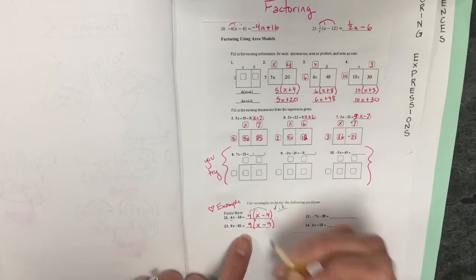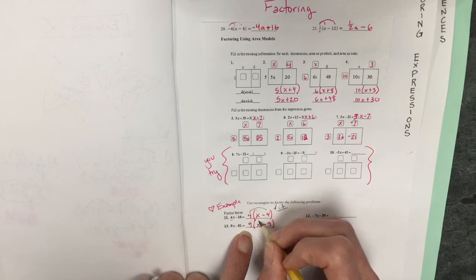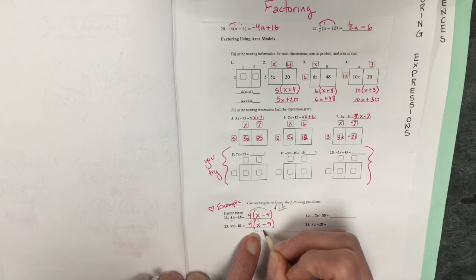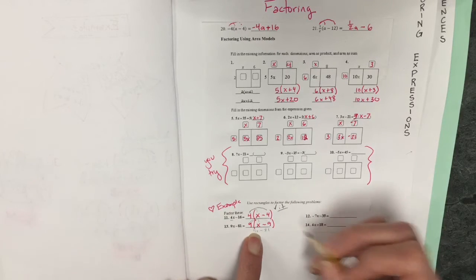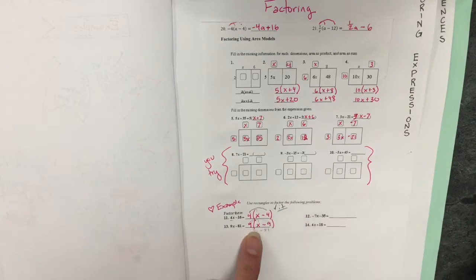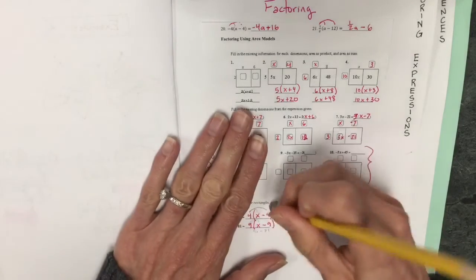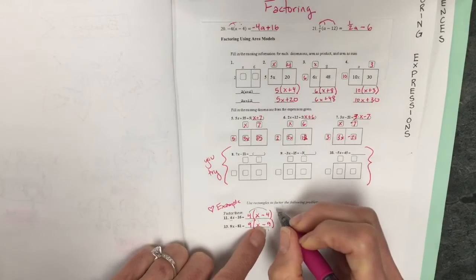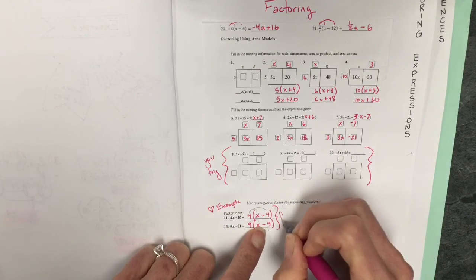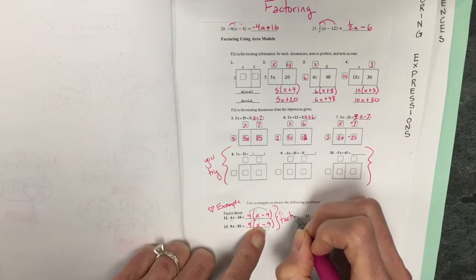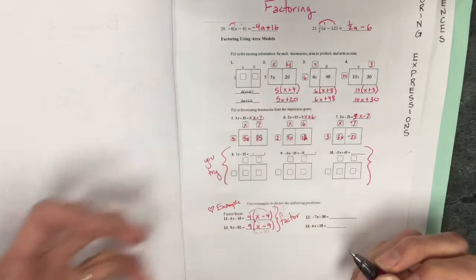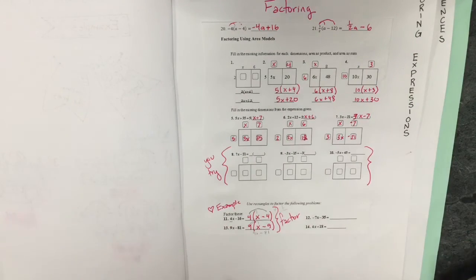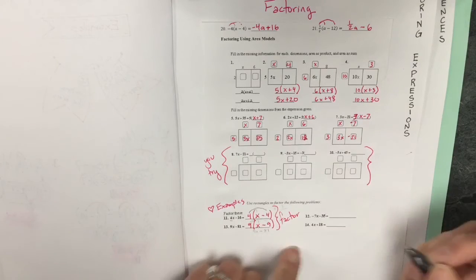And I'm going to check it by just distributing. 9 times x is 9x. 9 times negative 9 is negative 81. It works. So these are both now factored. We pulled out the number from both terms that they have in common. So those were our examples.